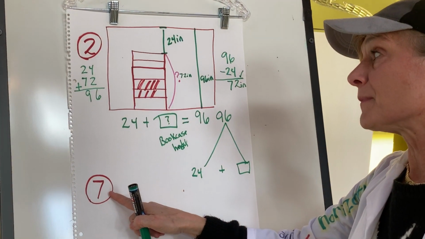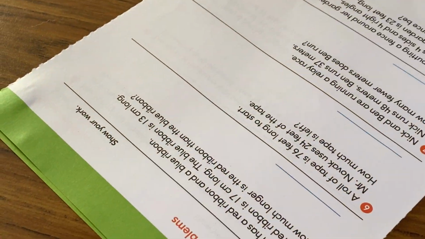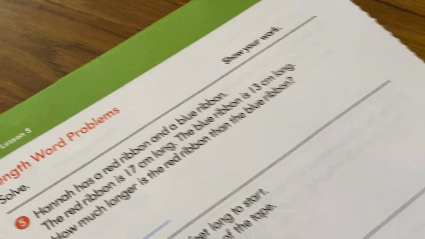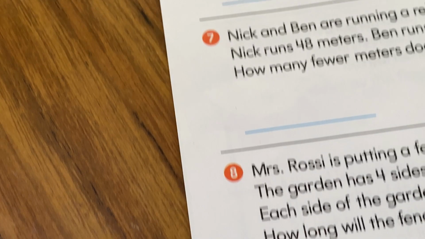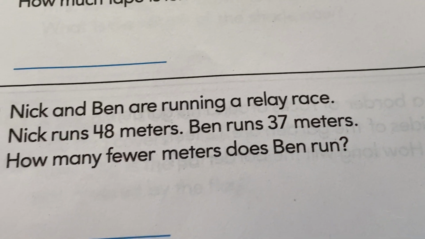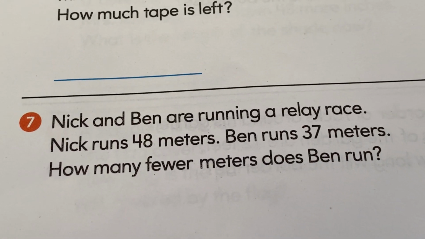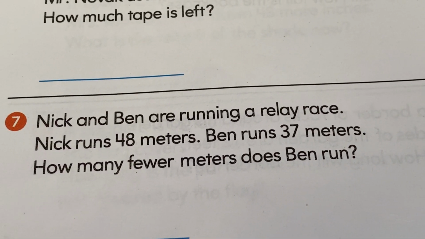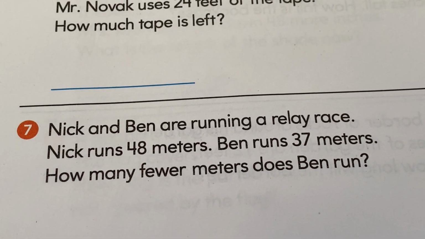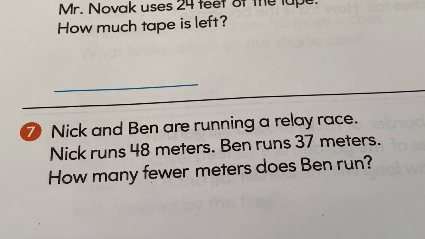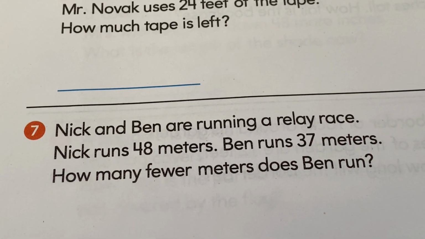So I was looking for that. Let's look at number 7. On your sheet, number 7 says, Nick and Ben are running a relay race. Nick runs 48 meters. Ben runs 37 meters. How many fewer meters does Ben run?